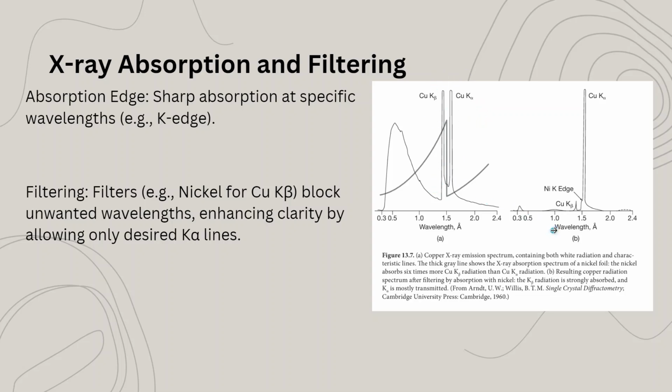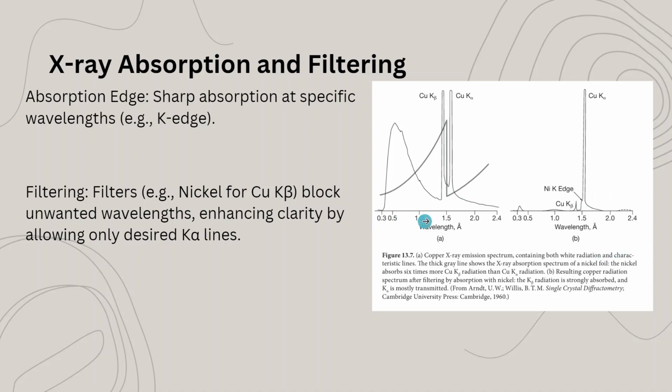But these can be blocked out by certain filters we use. These filters have an absorption spectrum, and they absorb only certain characteristic wavelengths. Like if we use a nickel edge, it will block the unwanted K beta and only allow the K alpha.